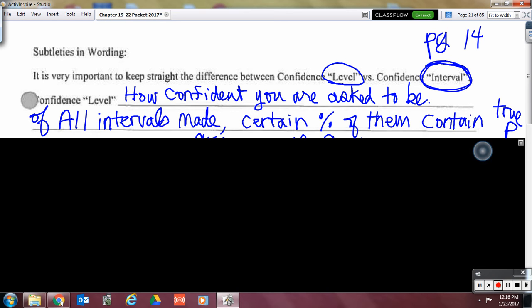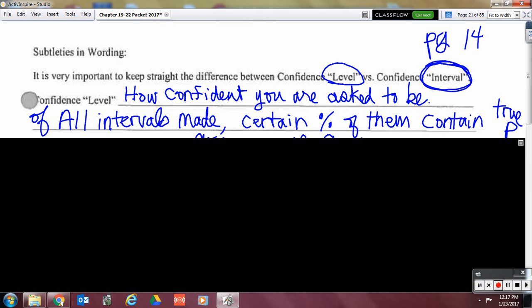In our case, we've been dealing with proportions, so the true p. So of all of those intervals, the percent of them that contain the true p. All right, so that's what we're interested in.